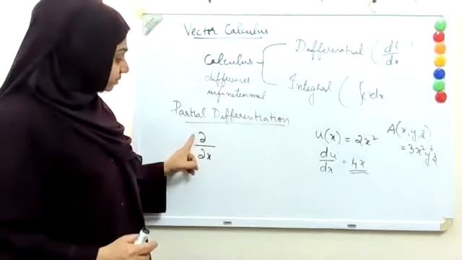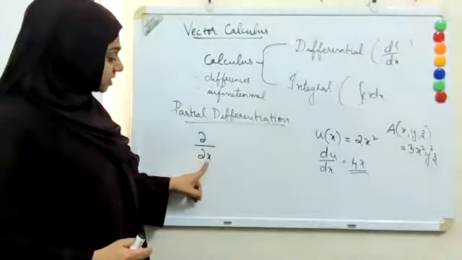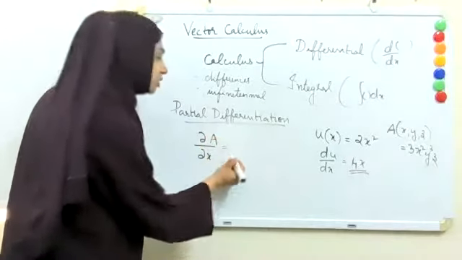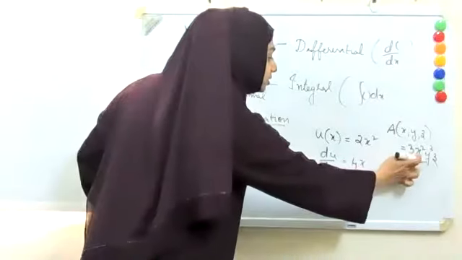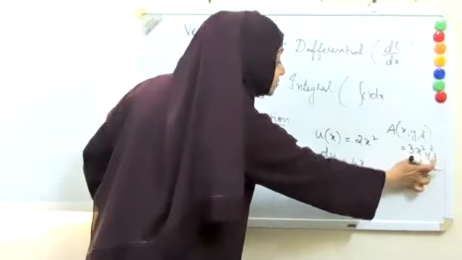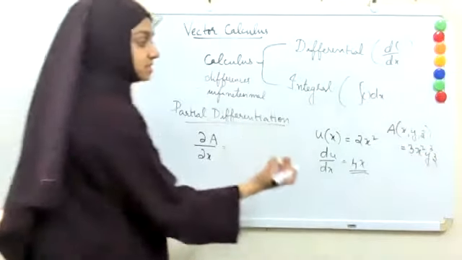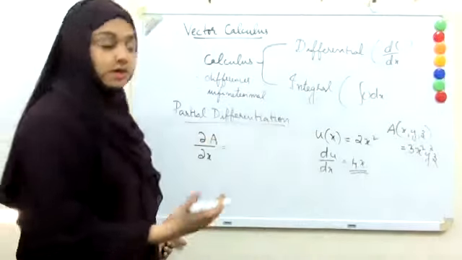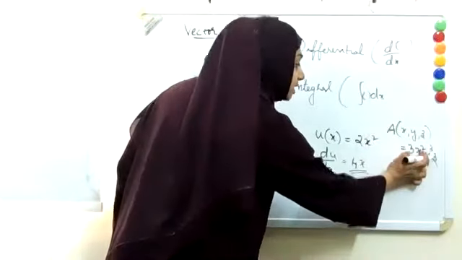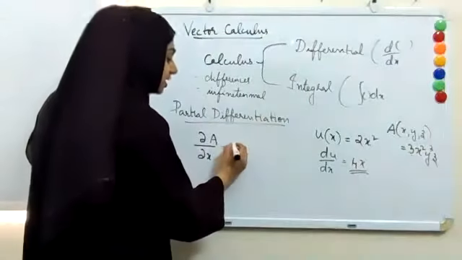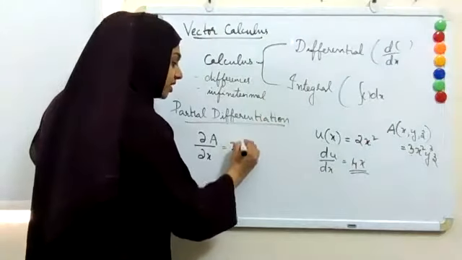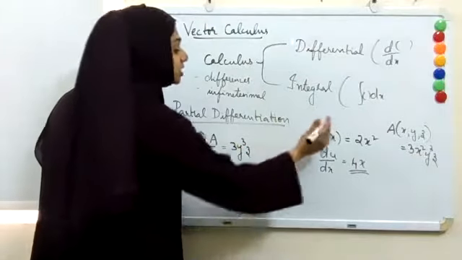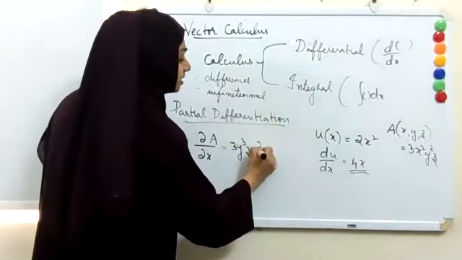For example, I am taking partial differentiation of a with respect to x. What is a? A is equal to 3x square y cube z. In that case, I can consider y and z as constant. I will differentiate only x square. So here I can consider 3y cube and z as constant and differentiate only x square.